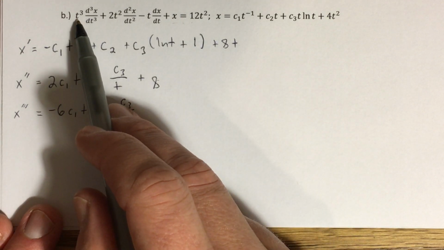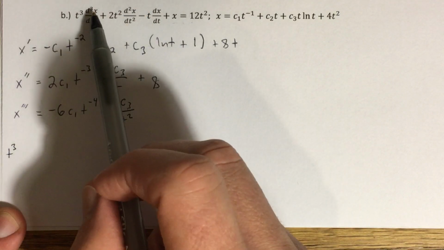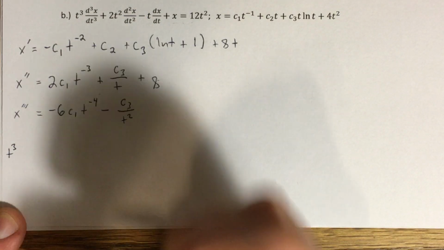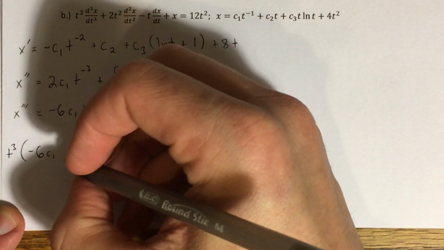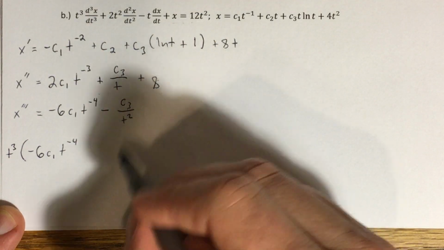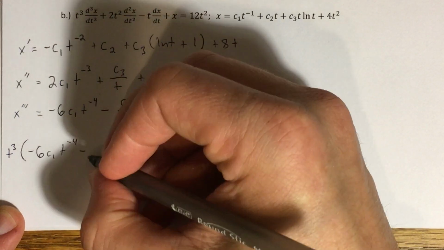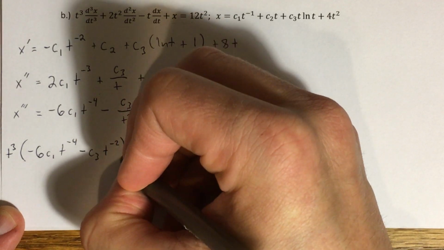So first I have t cubed times my third derivative, which is given here. T cubed times negative 6c1 t to the negative fourth minus c3 over t squared. Let's write that as minus c3 t to the negative second power.